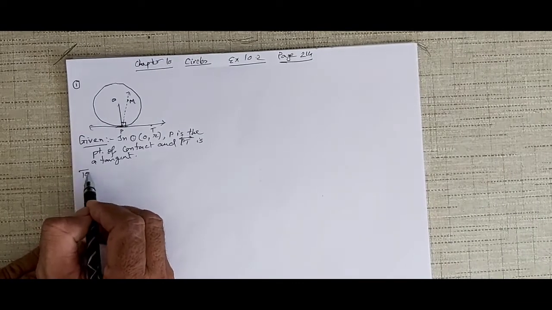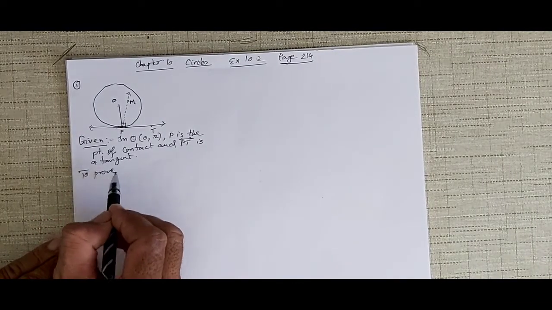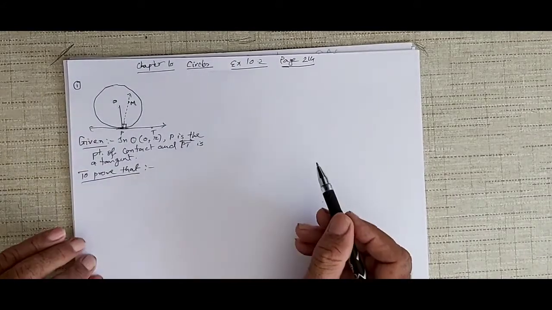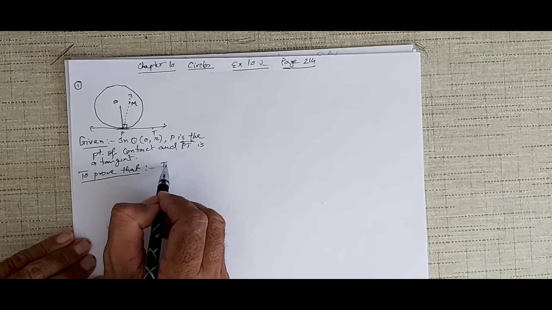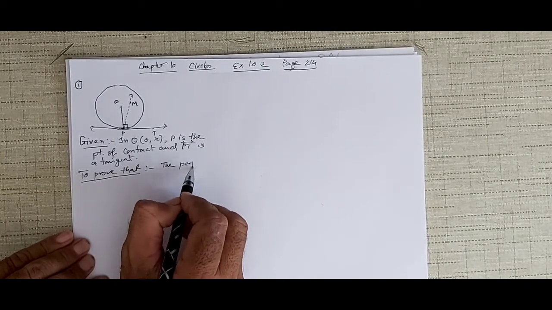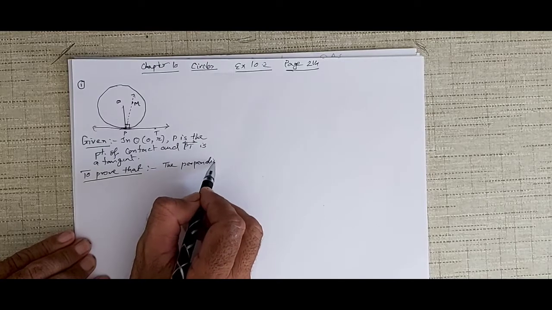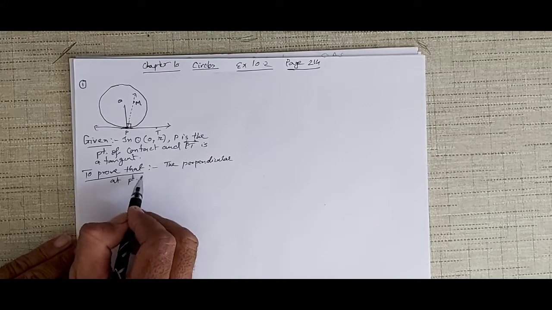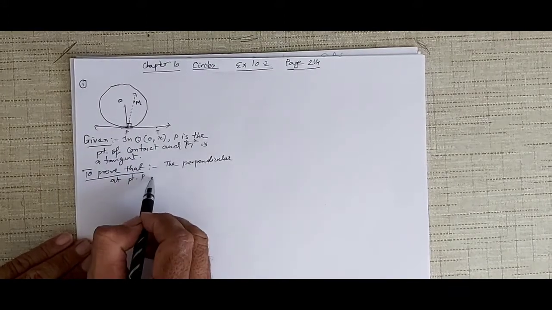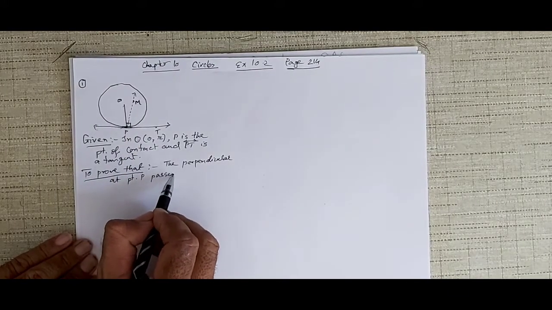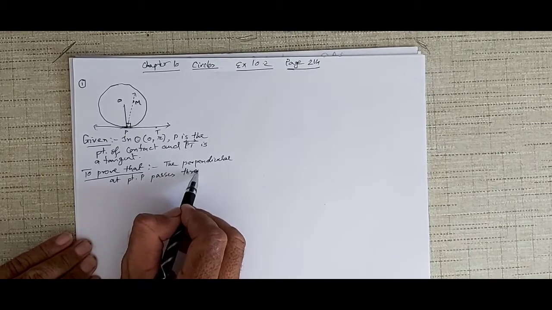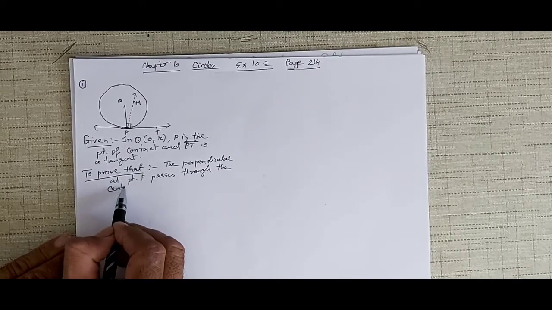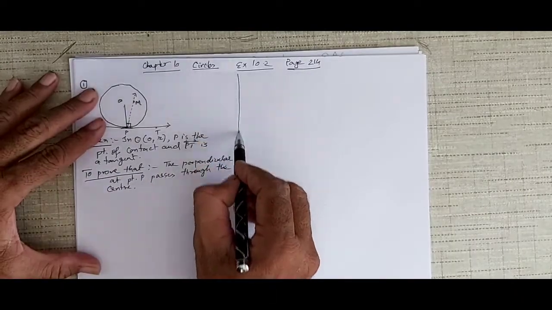We are supposed to prove that the perpendicular at point P passes through the center of the circle. This is what we are supposed to prove.